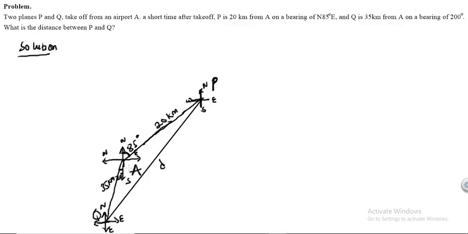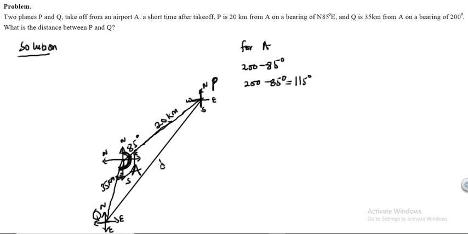From here to here is 200 degrees, and from here to here is 85 degrees. So to get this angle, angle A, we just say 200 minus 85 degrees. The angle of interest is the one inside, so 200 minus 85 degrees is equal to 115 degrees.